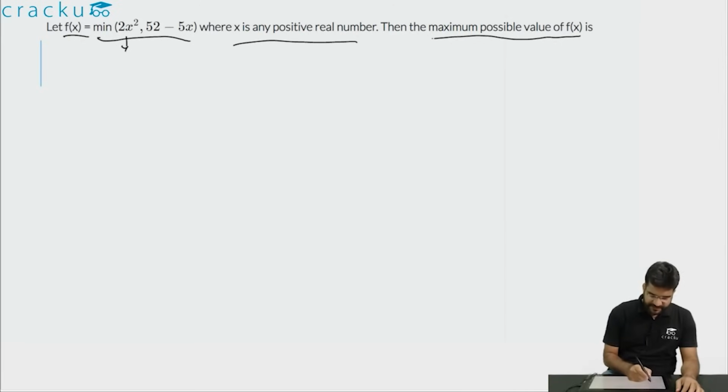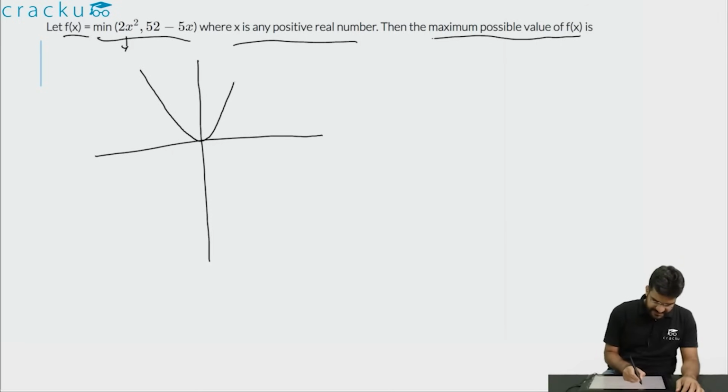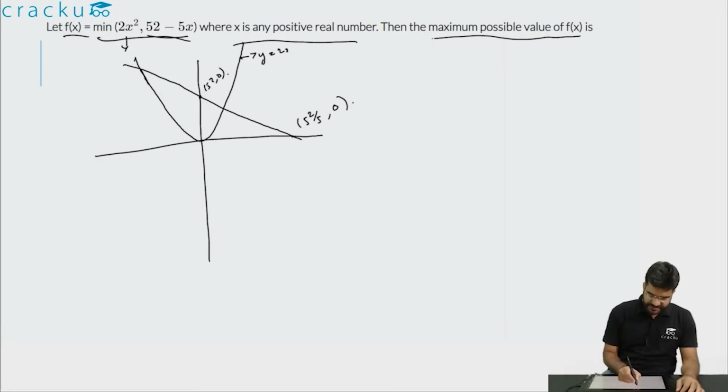So first let us draw the graph of f of x is equal to 2x square. If you have the x and y axis, f of x is equal to 2x square will be something like this, and f of x is equal to 52 minus 5x will be something like this. It will be a negative sloped line. It will intersect the y axis at (0, 52), and it will intersect the x axis at something like (52 by 5, 0), and this is y is equal to 2x square.